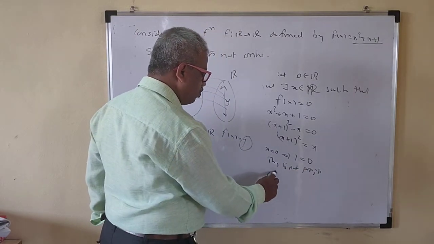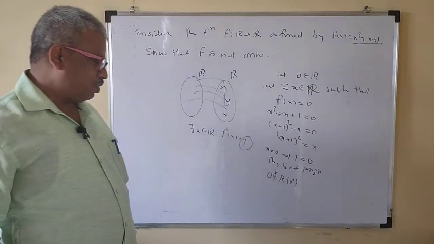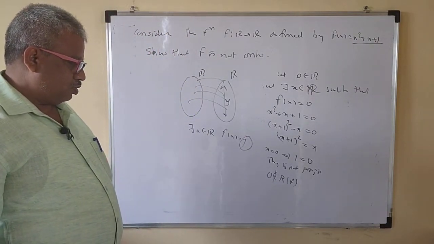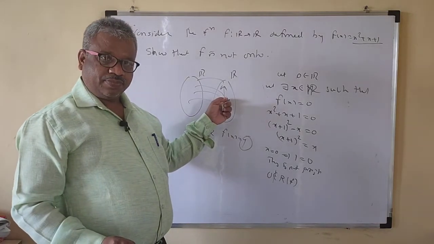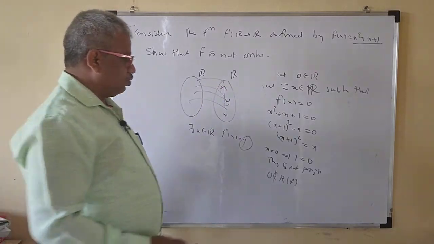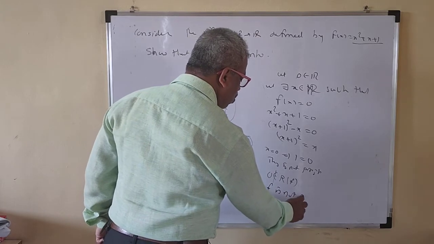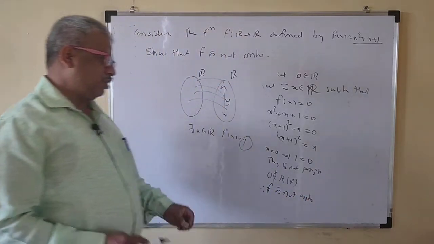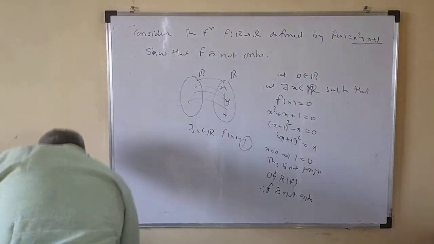Therefore, 0 does not belong to the range of f. Here 0 is there, right? So it has no pre-image. 0 has no pre-image. So therefore f is not onto.